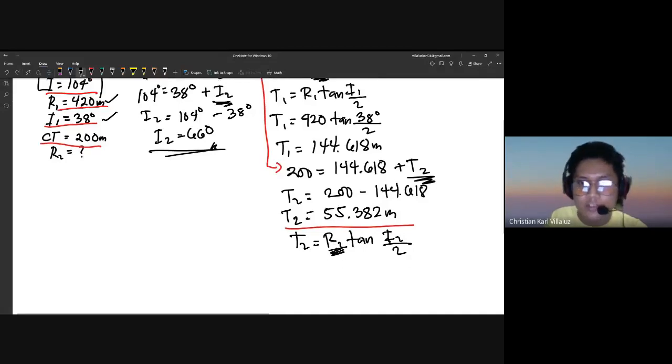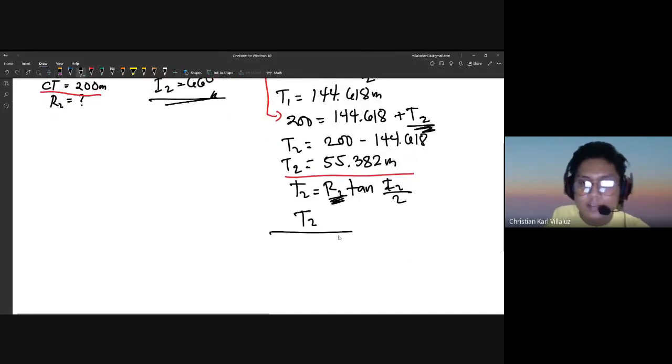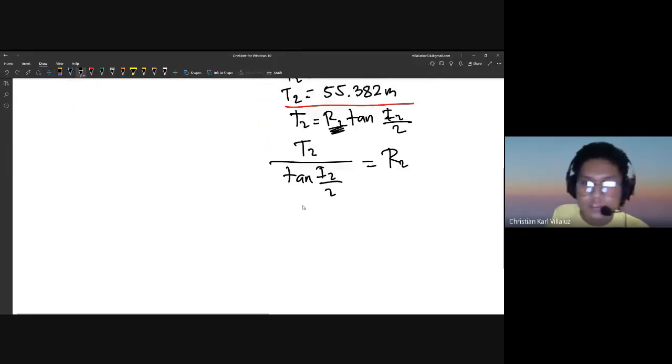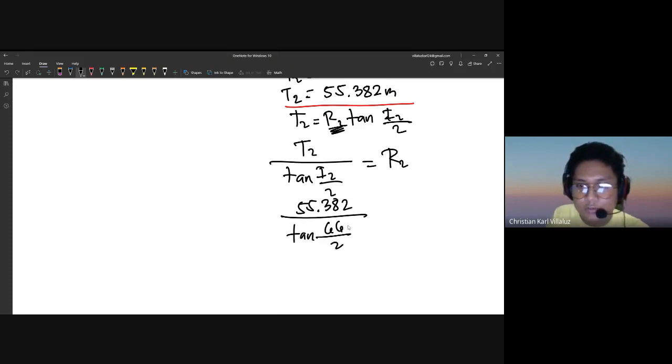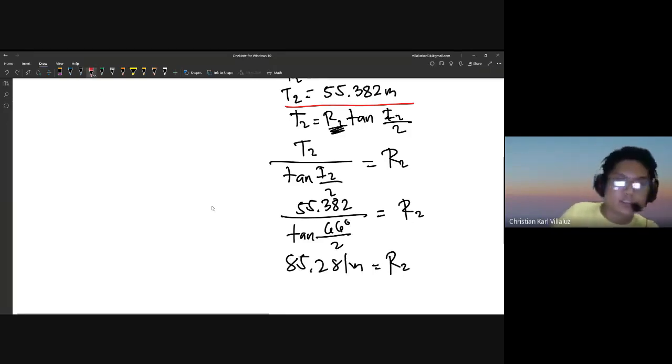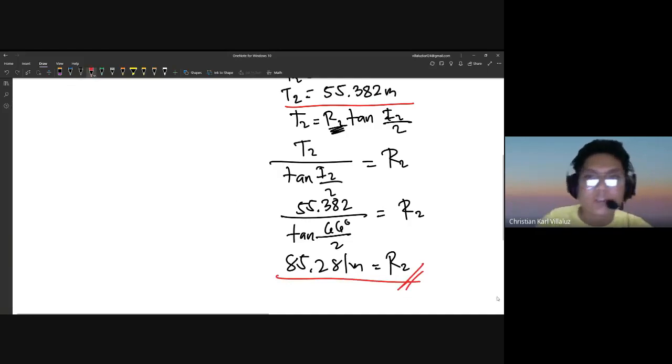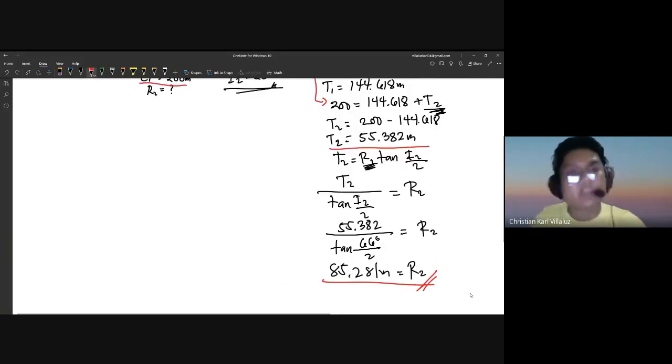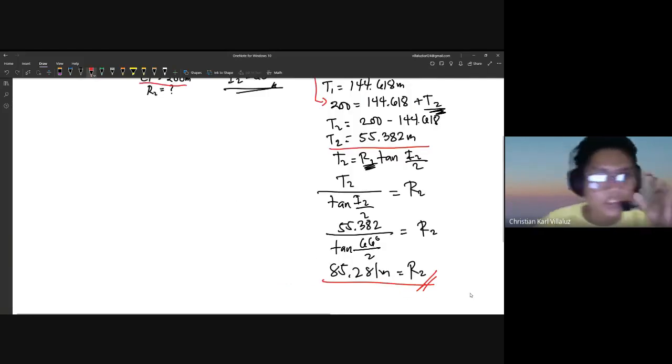So ito yung required. So divide both sides by tangent I2 over 2. That's the second radius. Substitute na natin. Tangent 2, 55.382 over tangent 66 over 2 to R2. Compute 85.281 meters. So ganun lang. No figure needed for this problem.